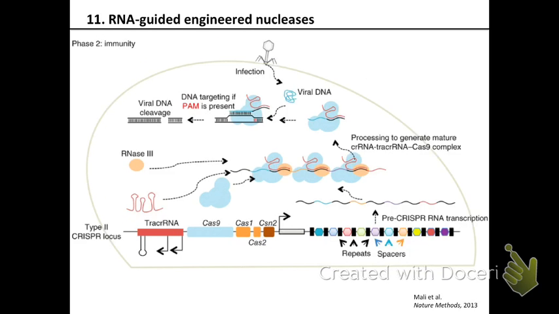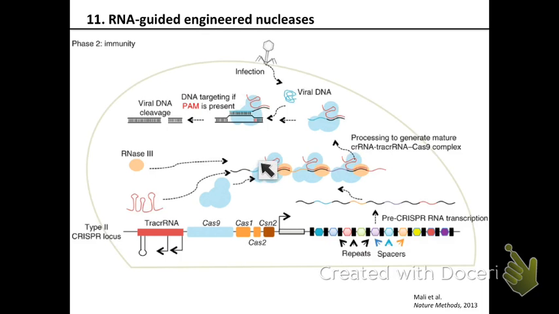All right, so what happens when infection happens the next time? So the virus infects the cell, but now what the cell does is that these CRISPR repeats are transcribed, and then they're processed and loaded into the Cas9 enzyme right here, along with the tracrRNA.